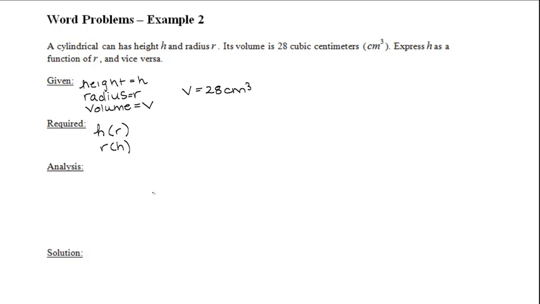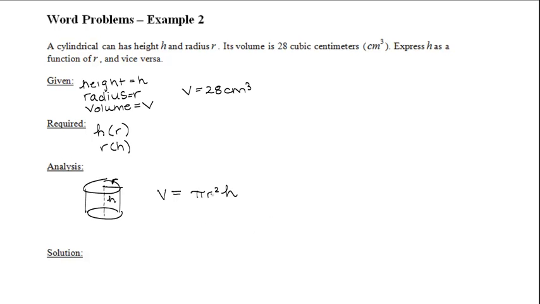For analysis, I'm actually going to draw this can. So it says it's a cylinder, so we can assume that it actually has a cylinder shape. And we know that the radius is r, and the height is going to be h. So if we write down the volume of a cylinder, the volume is going to be pi r squared multiplied by h.